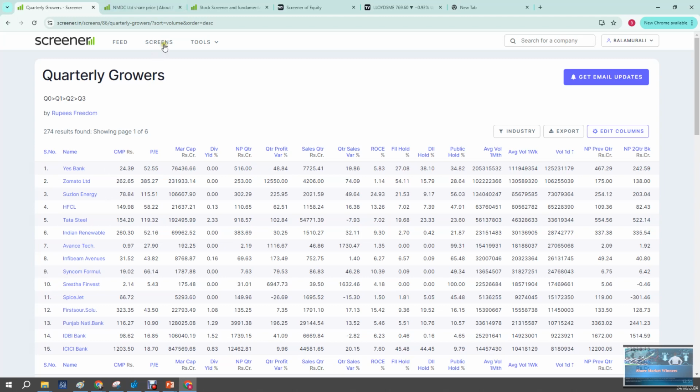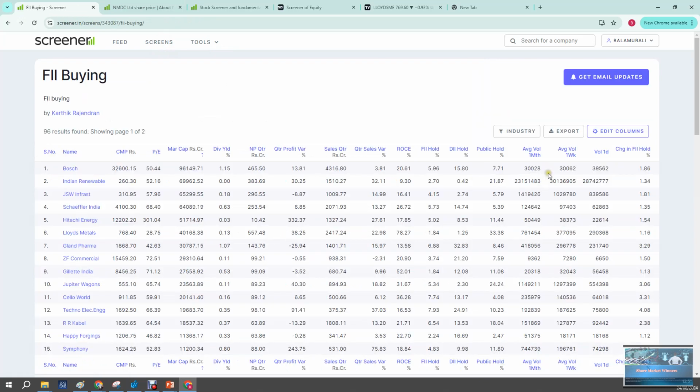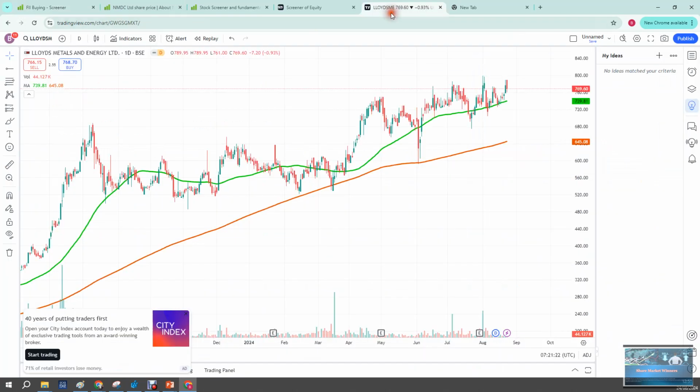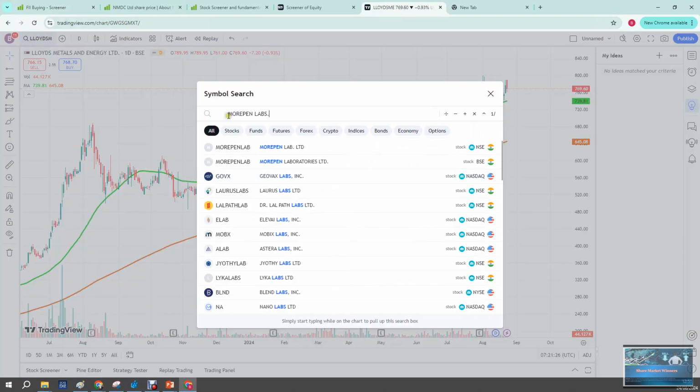I primarily use FII buying. If significant FII buying is happening, then I'll look for a volume increase, and then check whether that particular stock has any momentum play happening, and whether it is fundamentally and technically good.